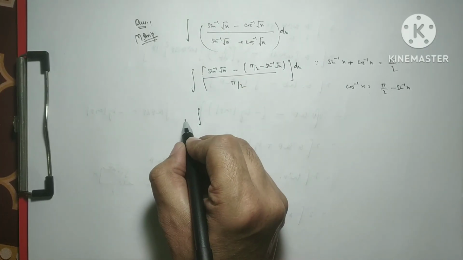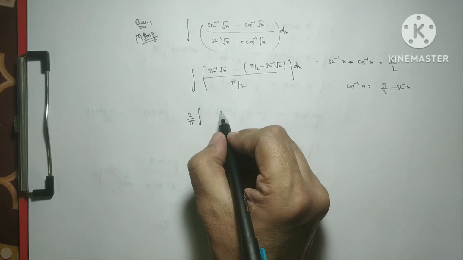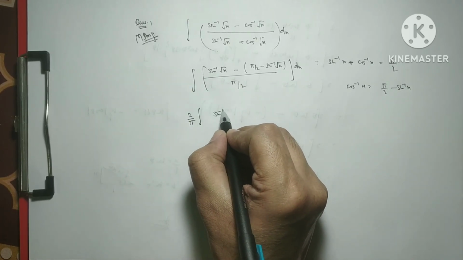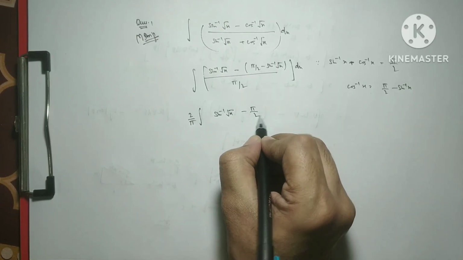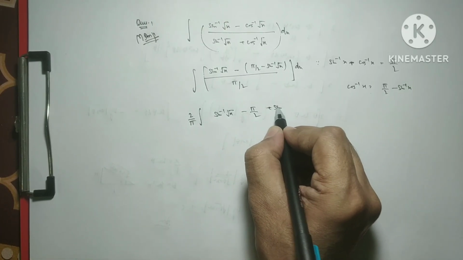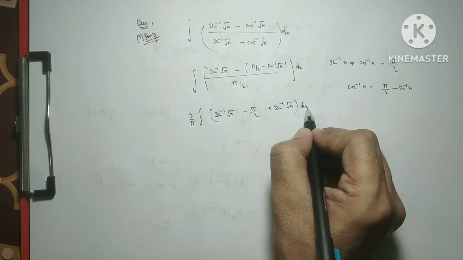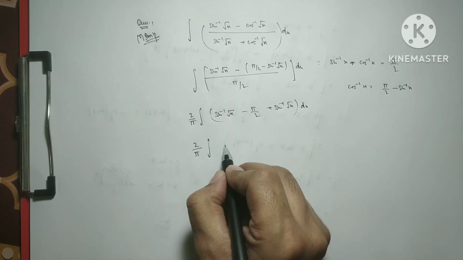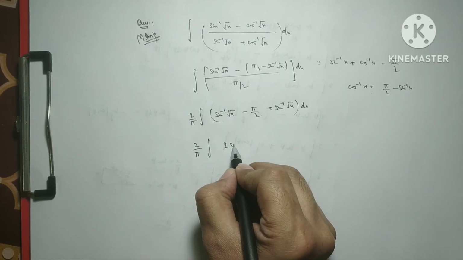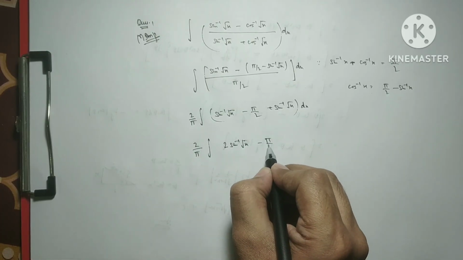So it becomes 2 over pi, this comes out, and this is 2 sine inverse root x minus pi by 2.